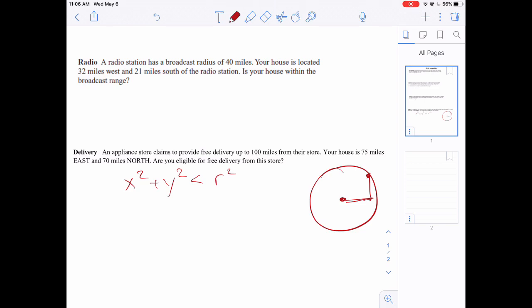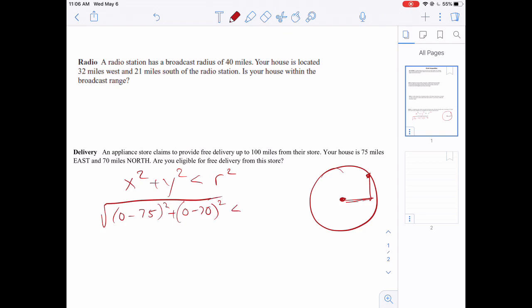Okay, so again, as always for these, it's a distance formula, and the radius of 100, the origin 0, 0 again. So here we go, square root of, you always use 0 first, 0 minus 75 east, that's the x, squared, plus 0 minus 70 north, that's the y, squared.